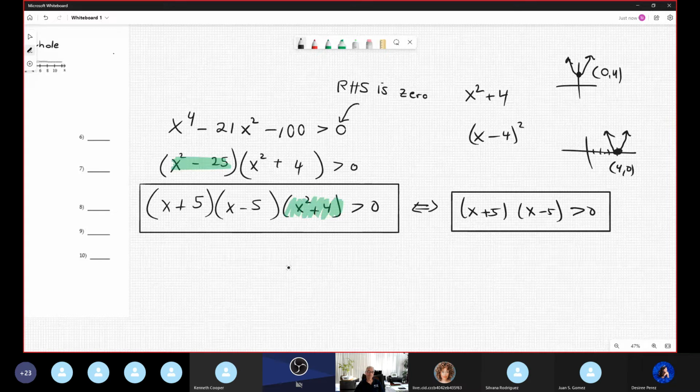Okay? So there are not too many, but there are some cases in which you need to analyze carefully if it is partial delete or totally delete. Okay, entonces now we focus 100% on this inequality. The critical values are -5 and +5. It's obvious, right?